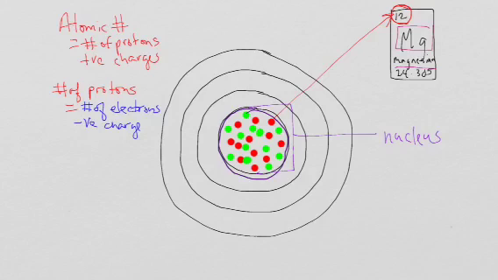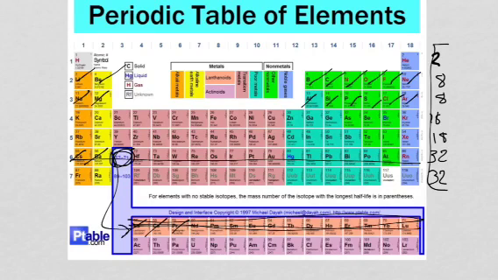I have 12 protons. Therefore, I must also have 12 electrons. And the way that this works in terms of the number of electrons that go on each orbit has everything to do with the number of elements on each period.